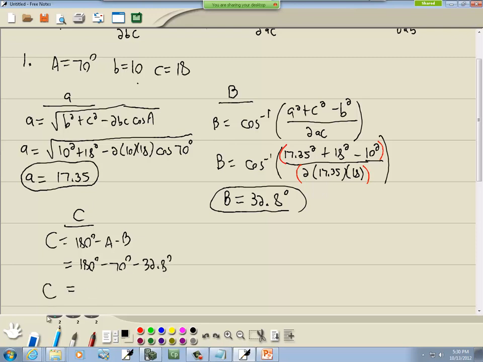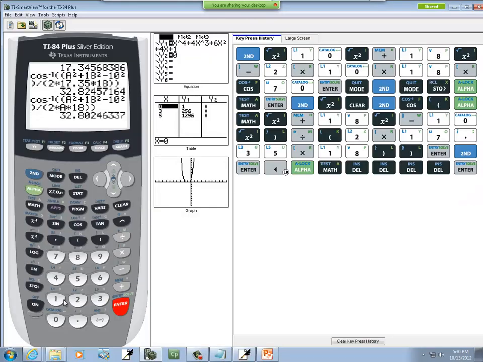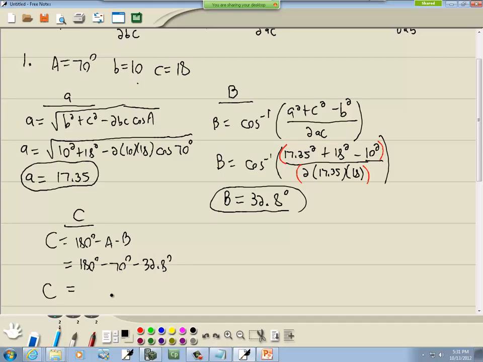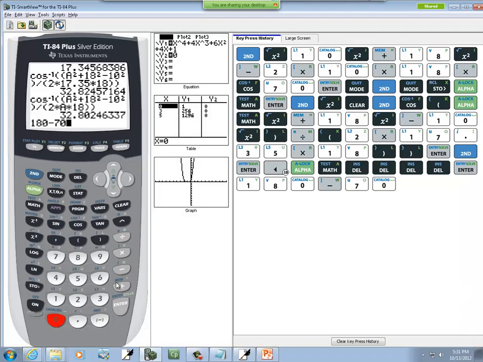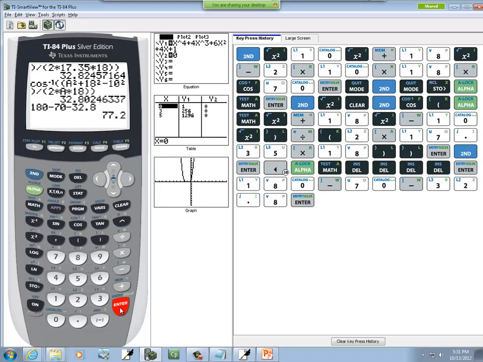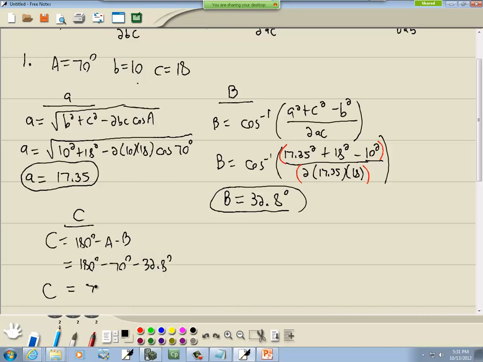So angle C is going to equal 180 minus 70 minus 32.8. And we get 77.2.